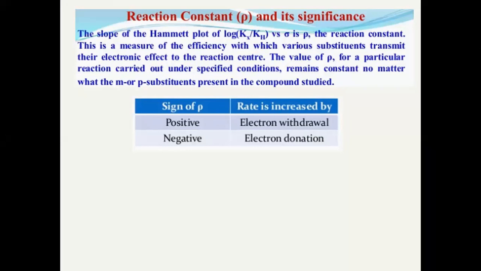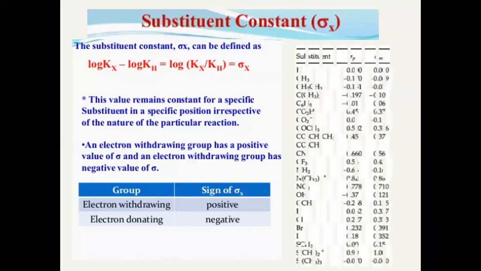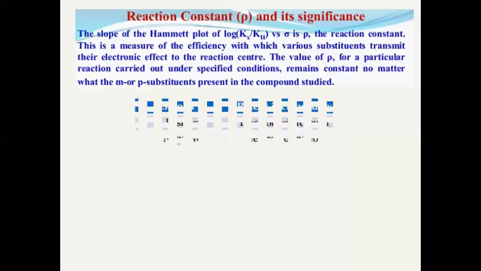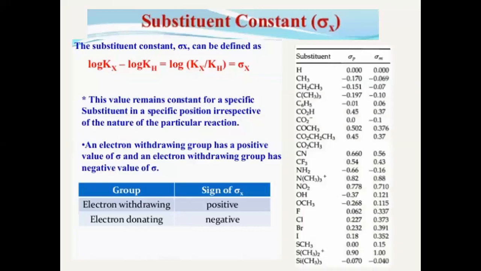Okay. And what we have seen for sigma constant, if it is positive for electron withdrawing and negative for electron donating. But here, it is just reverse. You see here, if rho is positive, then electron withdrawing group. Here what we say? If sigma x is positive, it means electron withdrawing group. Right, so two things are there.